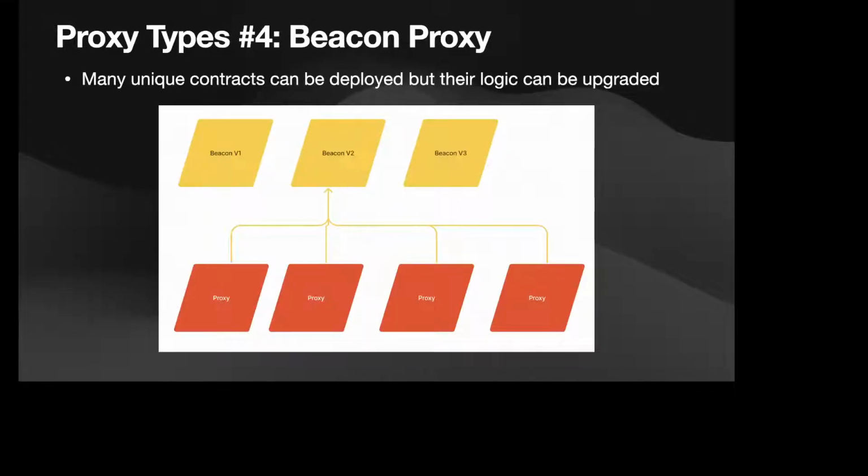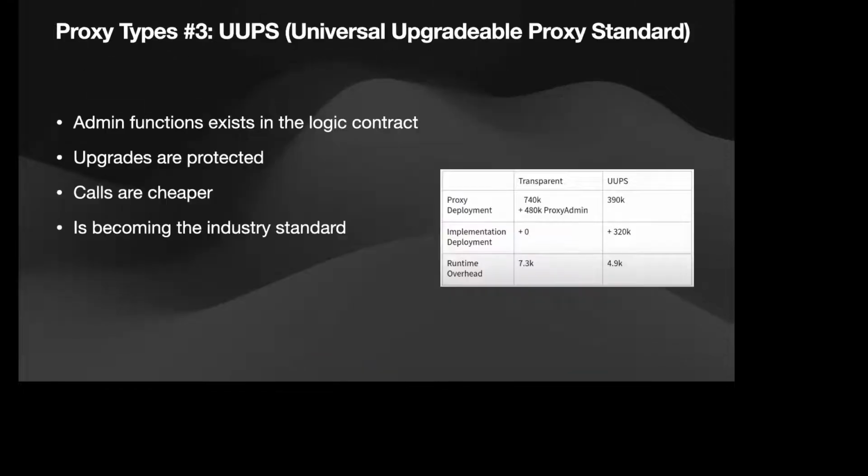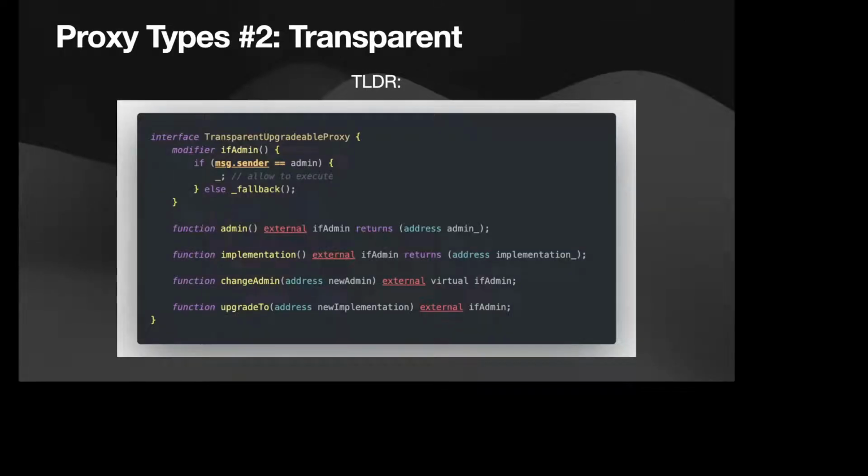I got a question on the universally upgradable proxy. When you say upgrades are protected, what does that actually mean? So when I say upgrades are protected, that means there's actually a callback. With the transparent proxy pattern, when you set a new implementation, it's not a standard of the contract to do any introspection upon the new implementation to ensure it conforms to a spec.